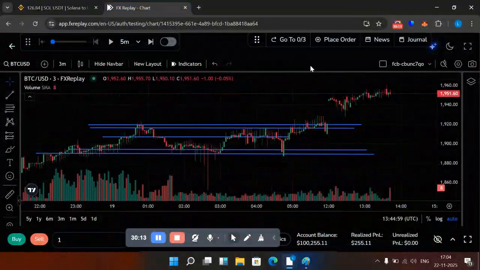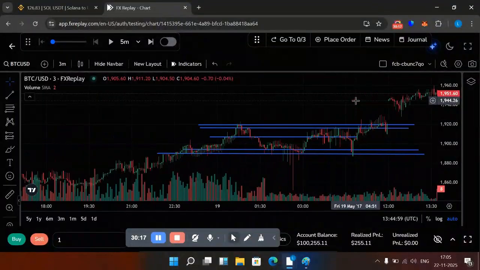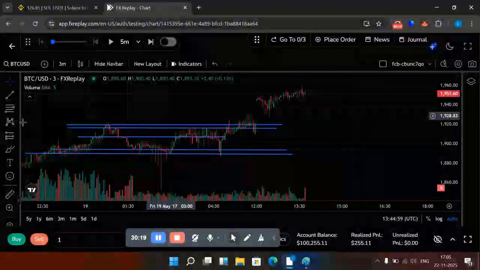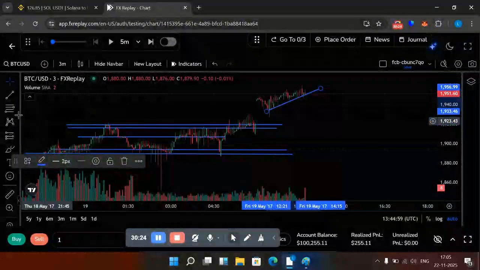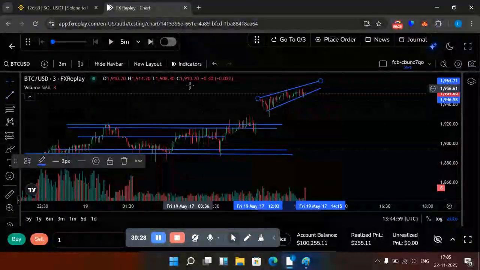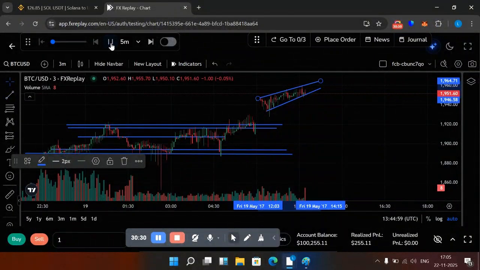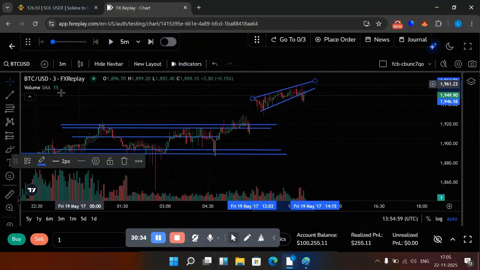Now let's wait. Fine, now let's look what is going to happen in the market here. Now this is also an ascending channel here. Now let's wait for it to give any breakout. Fine, it has given us a breakout.